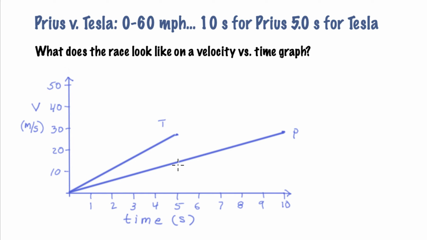We might ask if we could extrapolate the Tesla's motion out to a time of 10 seconds, and ask how fast the Tesla is going. So that's equivalent to saying, well, let's just continue this line. Let's extrapolate out to 10 seconds and find v. So I'd like to find the Tesla's speed when the time is 10 seconds.